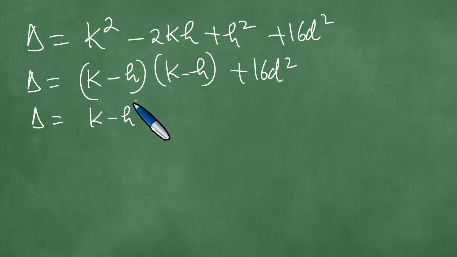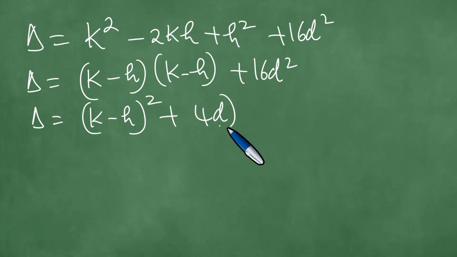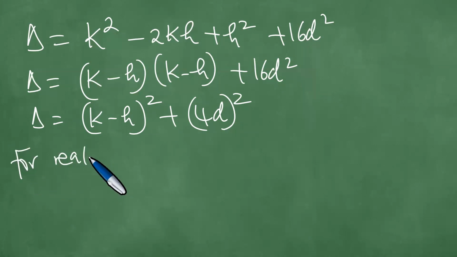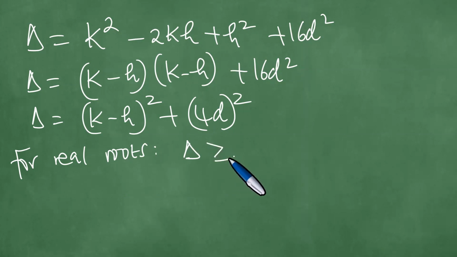So this is k minus h squared plus 4d squared. For real roots, the discriminant must be greater or equal to what? Greater or equal to 0.